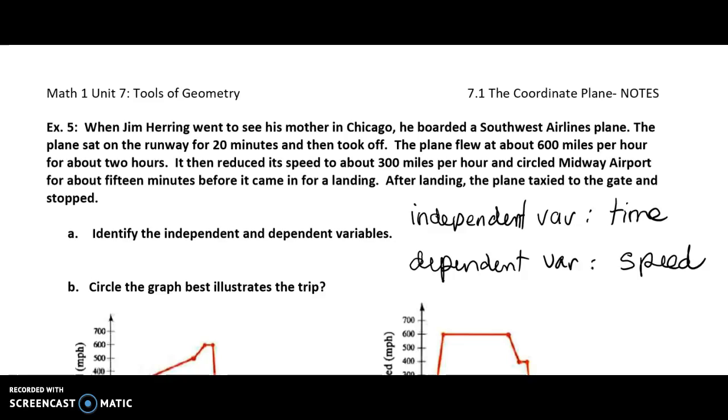And the reason why speed is the dependent variable is because depending on where you are during the trip, the speed of the plane changes. So again, the speed of the plane depends on what time you are in your trip.